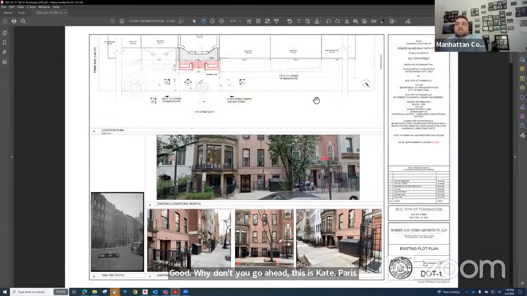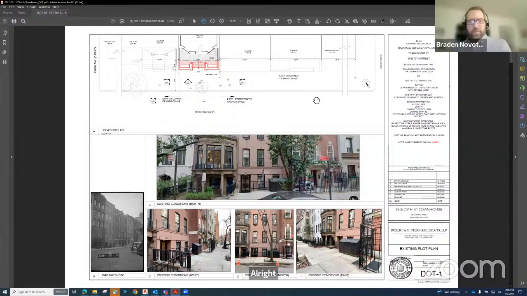Okay, thank you. All right, so this is our project on 38 East 75th Street. It's on the south side between Madison and Park Avenue. We are currently under construction, and the project is the renovation of an existing townhouse.